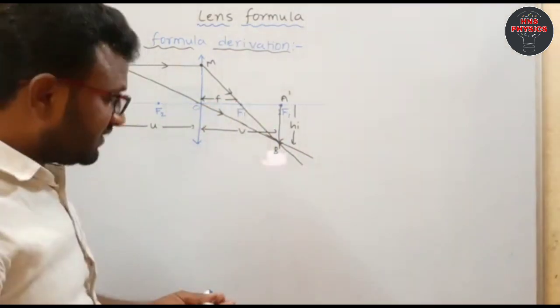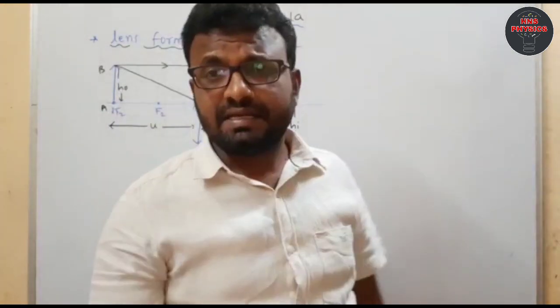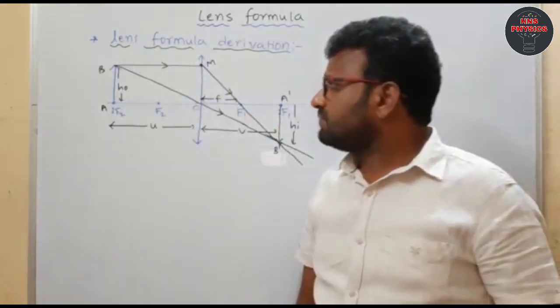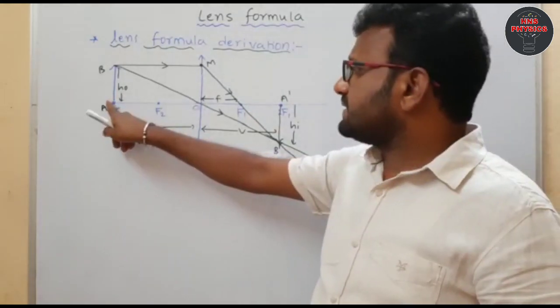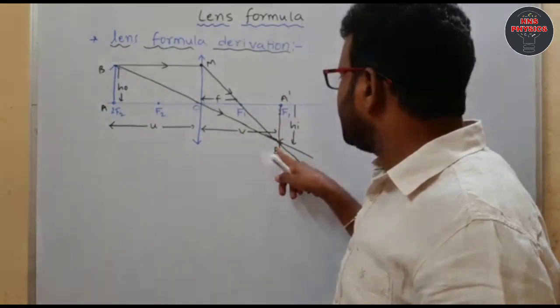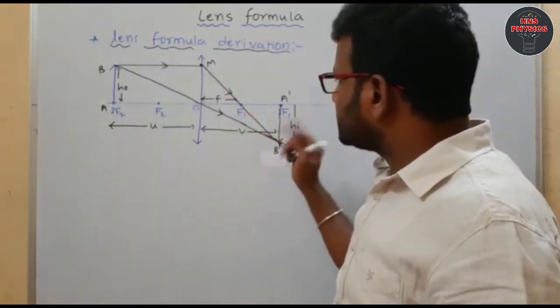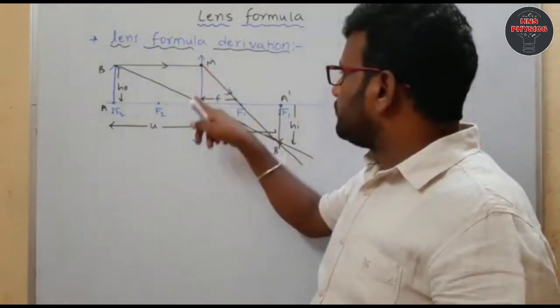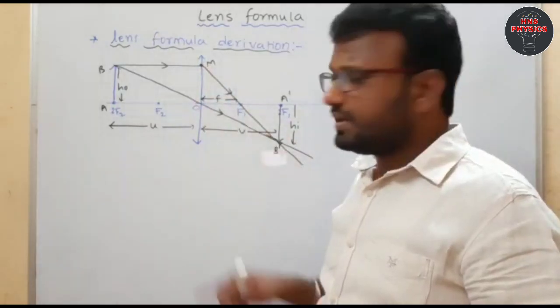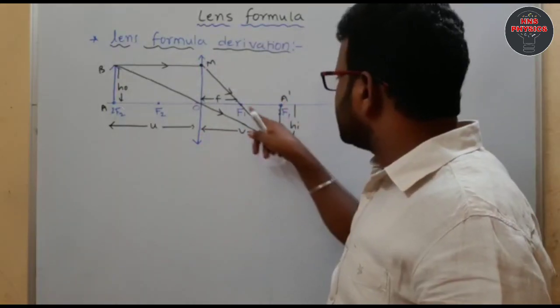If you observe the diagram, there are two sets of similar triangles. One is ABO and the other is A dash B dash O. This is the first set of similar triangles. The second set is MOF1 and A dash B dash F1.